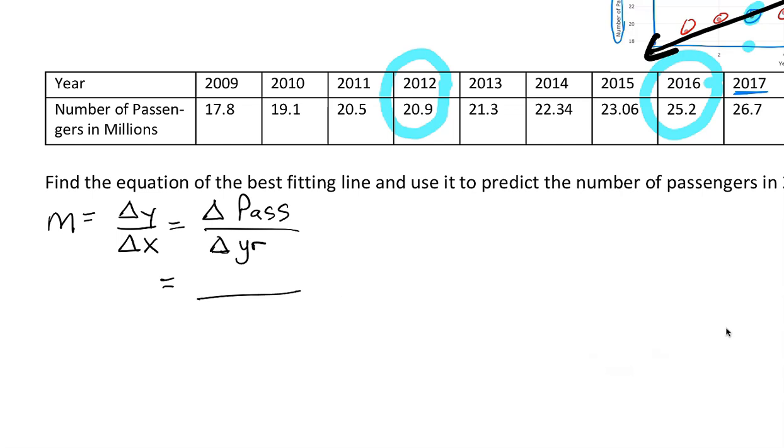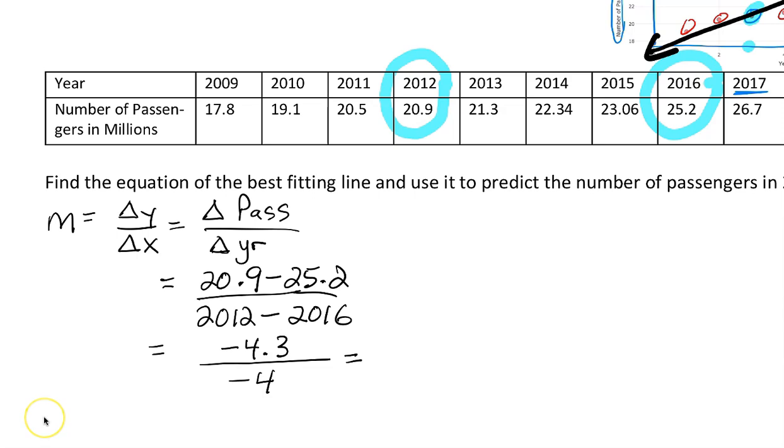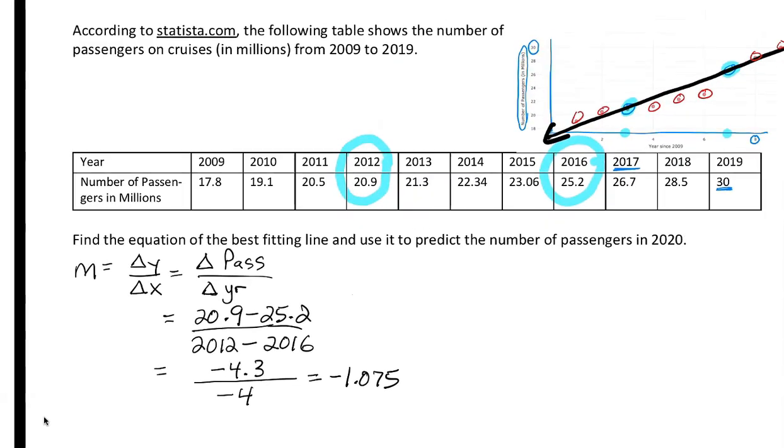So the change in passengers, it started as 20.9 and it ended as 25.2. And then the years went from 2012 and it ended at 2016. That gives negative 4.3 divided by negative 4, which is negative 1.075. So that's our slope.